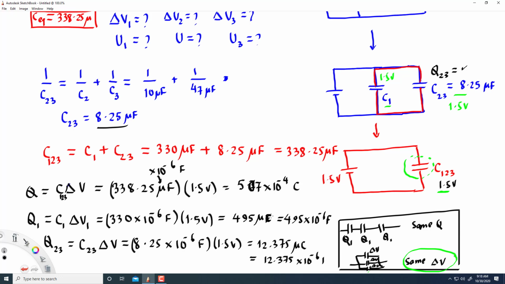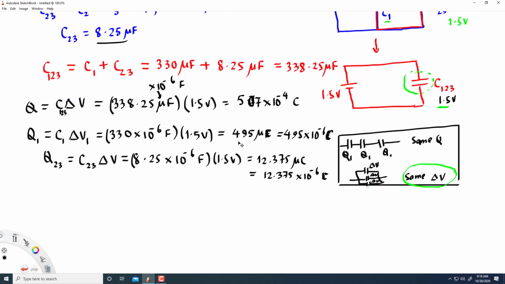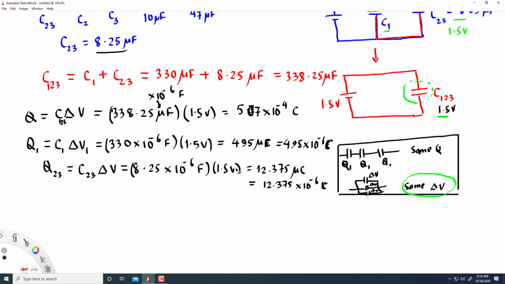The unit for charge is coulomb, sorry, not farad. Okay, so we got that.